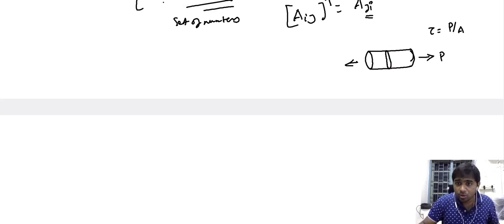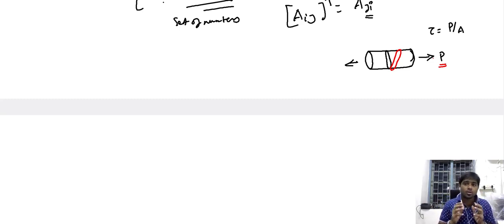However, there will also be another plane that experiences this stress owing to the uniaxial tensile load that we impose. So when you consider a crystalline material, it is possible for us to describe several planes based on the Miller indices. When you describe a plane that is perpendicular to the loading direction, there will also be a plane that is not perpendicular but rather inclined to the loading direction.